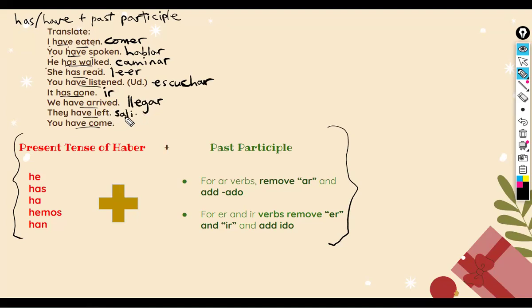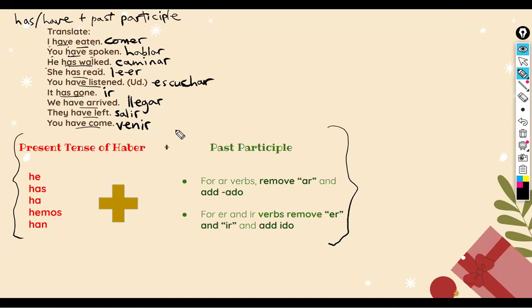Left, salir. Come, venir, right? Now, there are a number of irregular past participles. That is not our job to revise today. I don't think I gave you any irregular ones, so these all follow the rule, right?